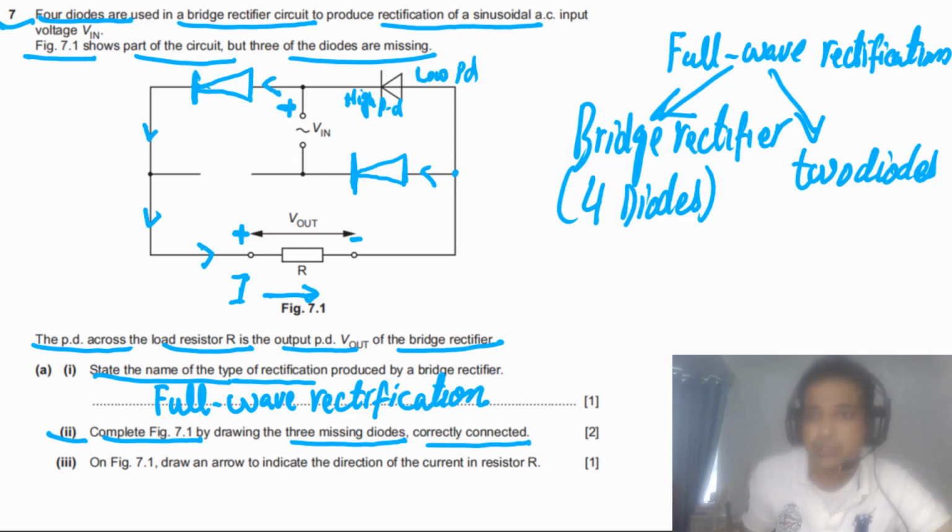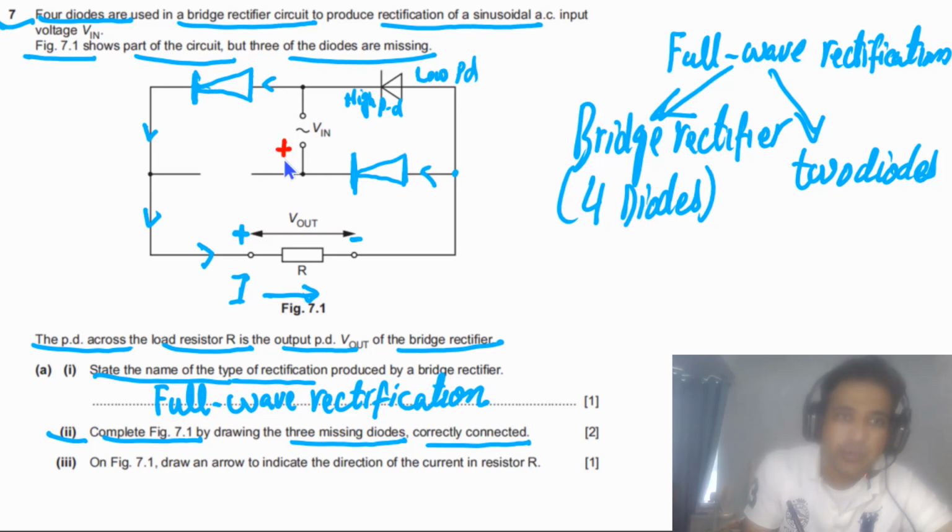Now let's understand when the lower terminal is positive, because this is AC. I mean this is positive, this one is negative, so current has to enter from this side, because full wave rectification means that current flows only in one direction.